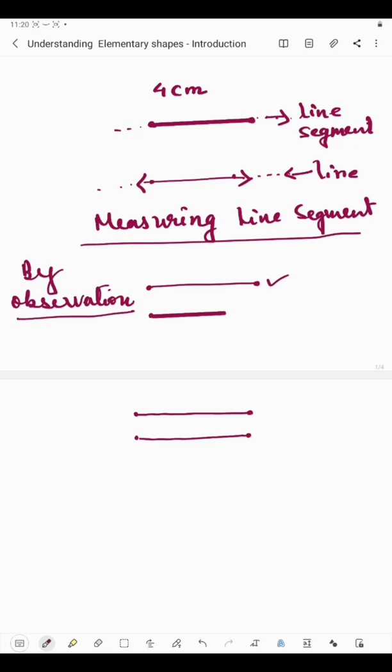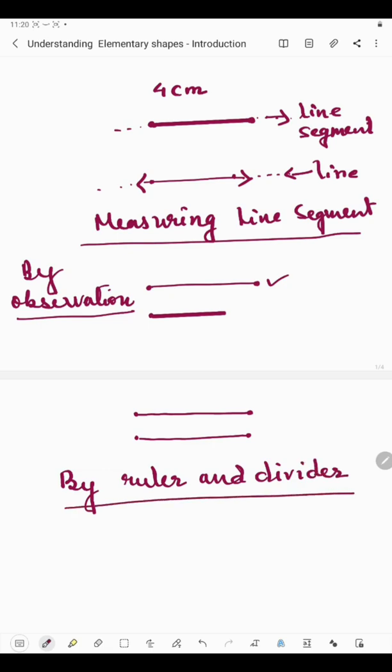So here we need a ruler and a divider, to get the accuracy, to get the exact measurement. See, a divider looks like this. It is the same as a compass, but the difference between divider and compass is, in a compass there is one hole here, but in a divider there are two pointers.